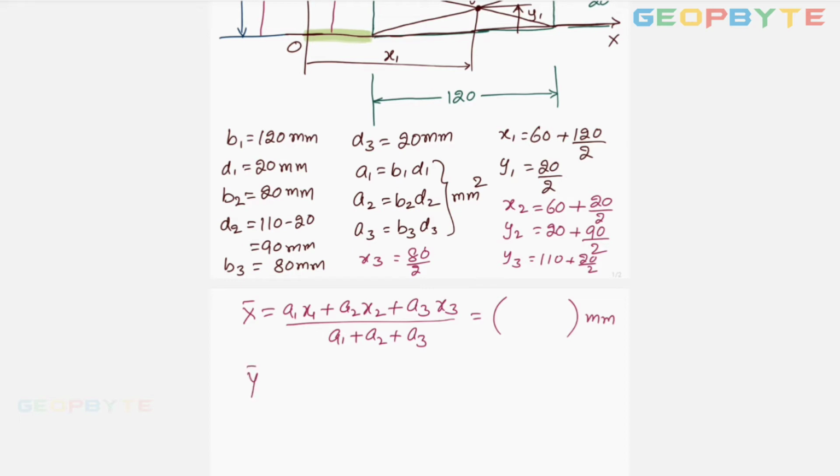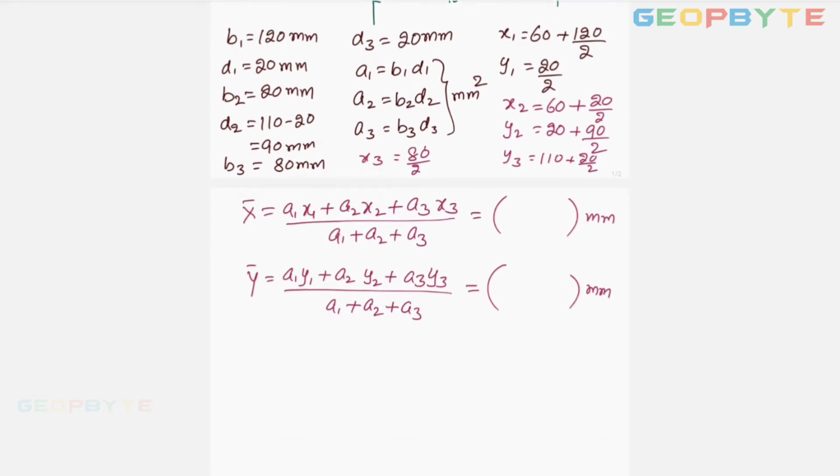Similarly, y bar equals a1 y1 plus a2 y2 plus a3 y3 divided by a1 plus a2 plus a3. It is also in mm. After finding the x bar and y bar, then moment of inertia about the x axis.